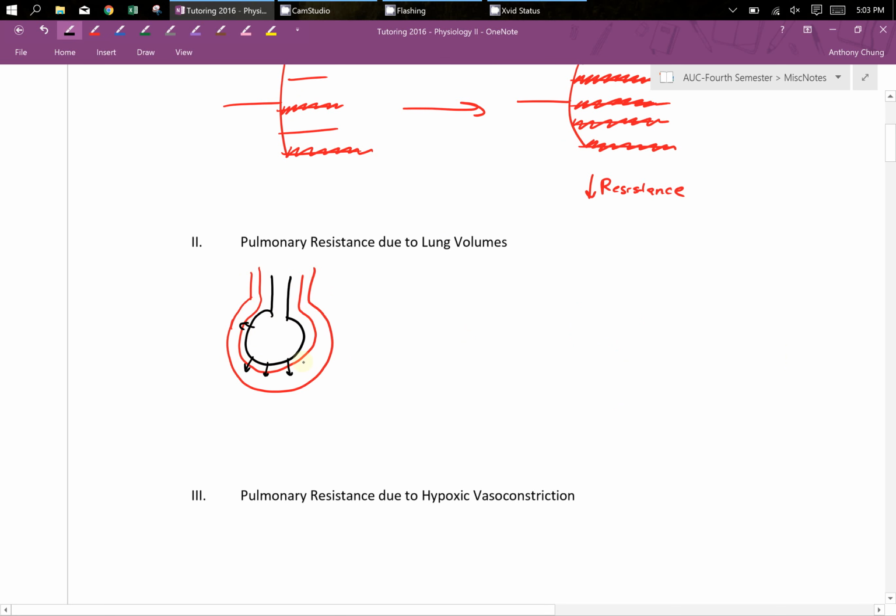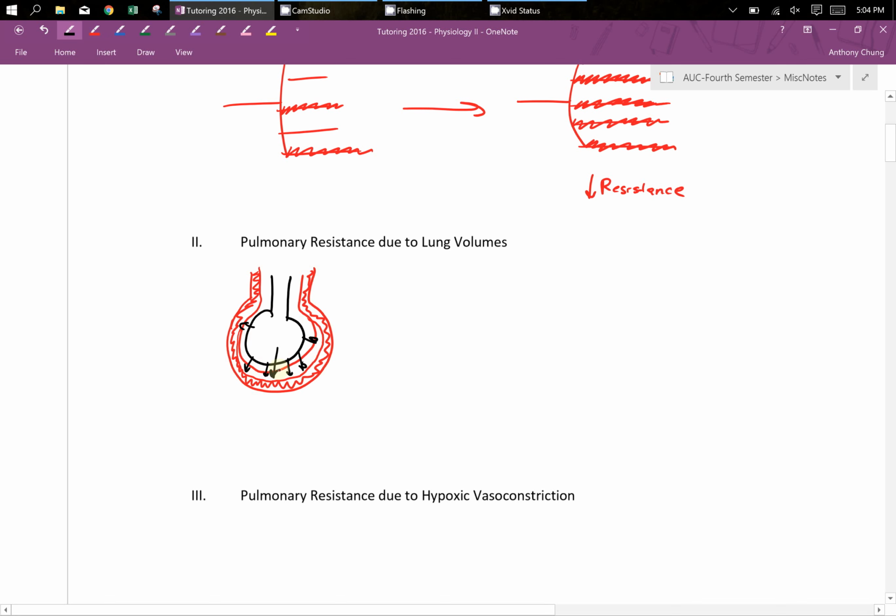When it starts to expand, it pushes against these blood vessels, and the blood vessel gets compressed to a point where there's very little blood that will go through it because the alveoli is pushing out against it. So when you're taking a really deep breath in, what happens to your resistance towards the end of your breath?